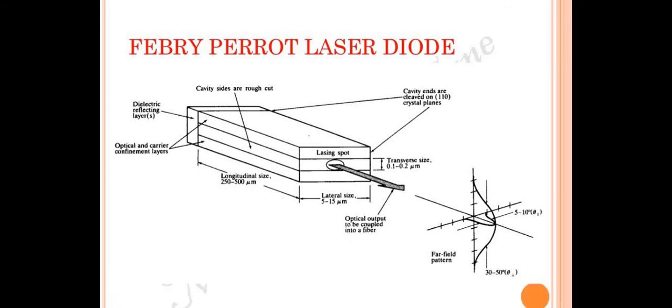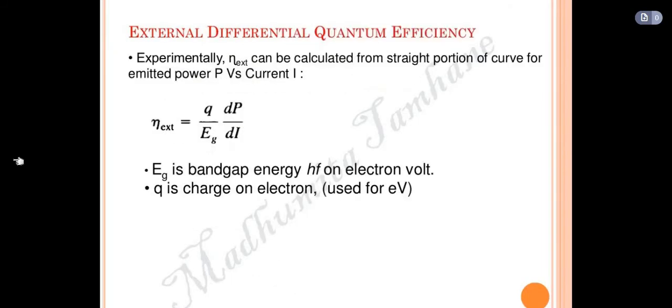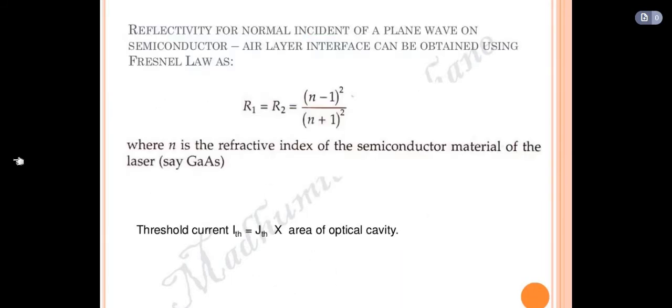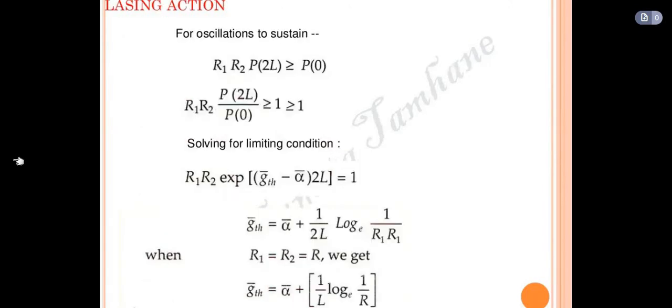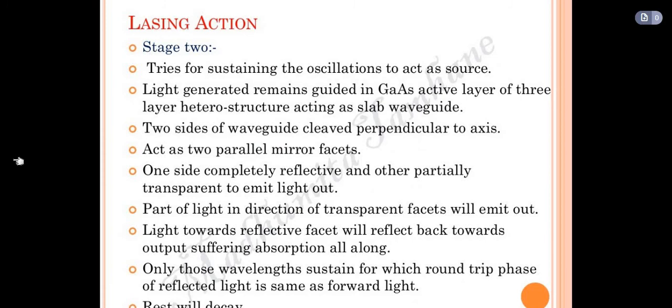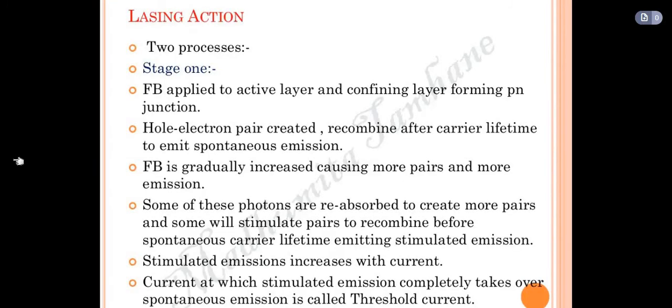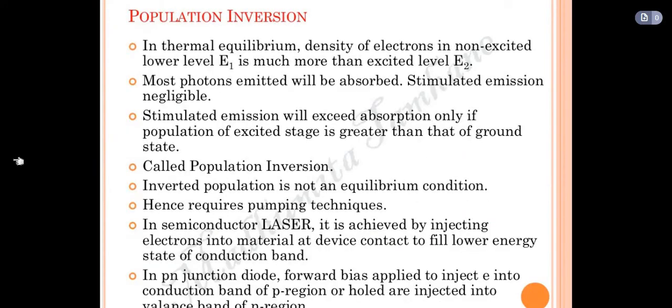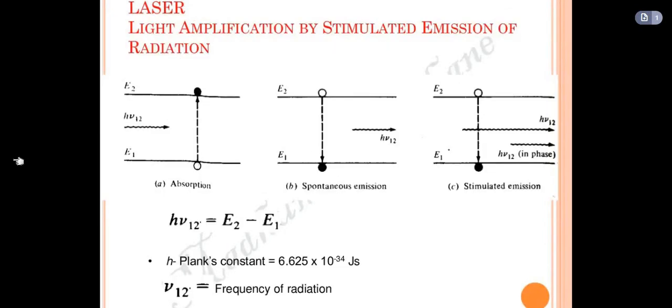Okay, so this is what we covered in today's session, students. We started from total efficiency, then external differential quantum efficiency. We talked about the relation, lasing action with a laser, how the laser action takes place, what stage 1 and stage 2 are, what population inversion is, how stimulated emission takes place, and basically what a laser is. These concepts we covered in our previous session as well, right? In today's session, the most important thing we learned is efficiency.